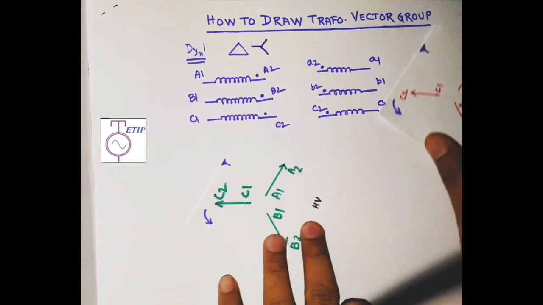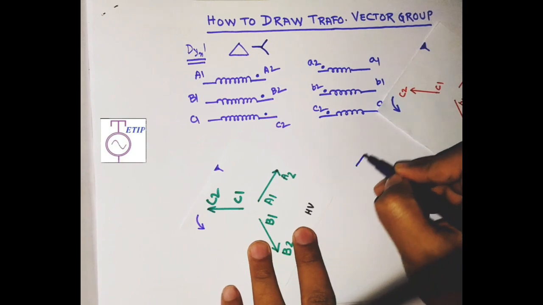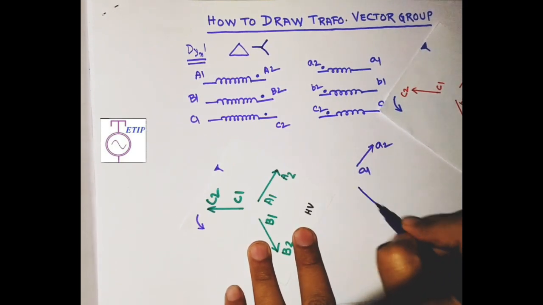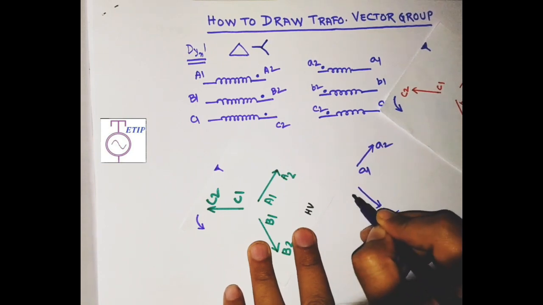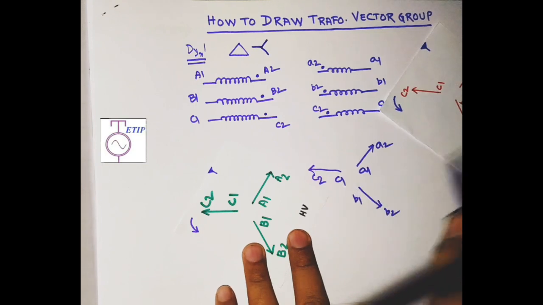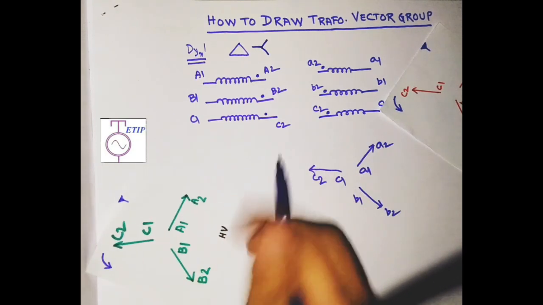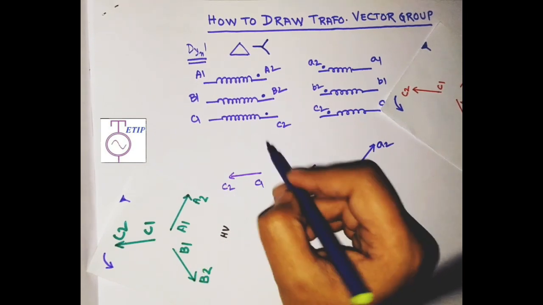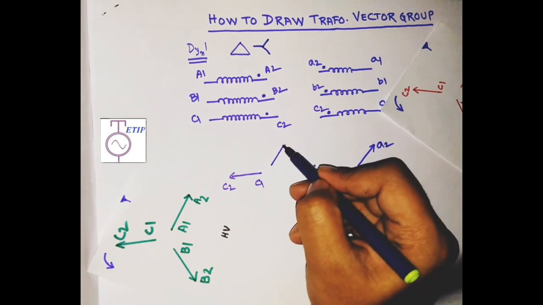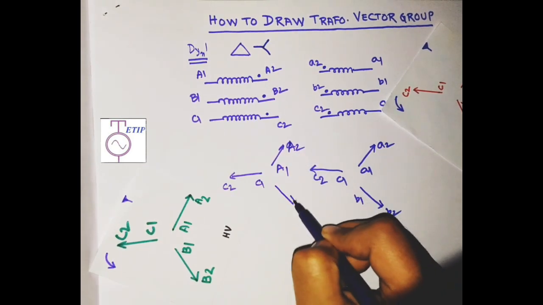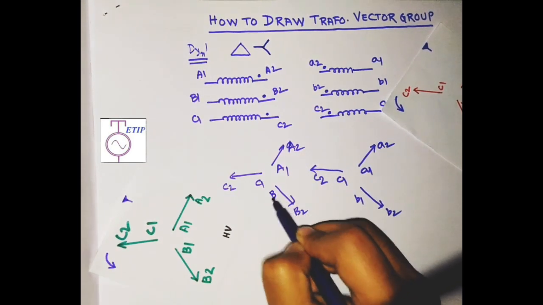So this is A2, A1, B2, B1 and C2, C1. This is one instant, and that instant here it is C2, C1, A2, A1 and B2, B1.